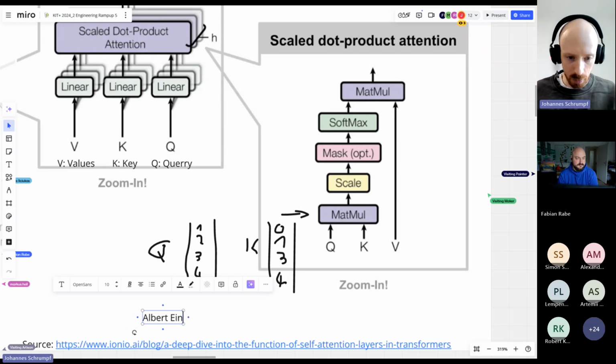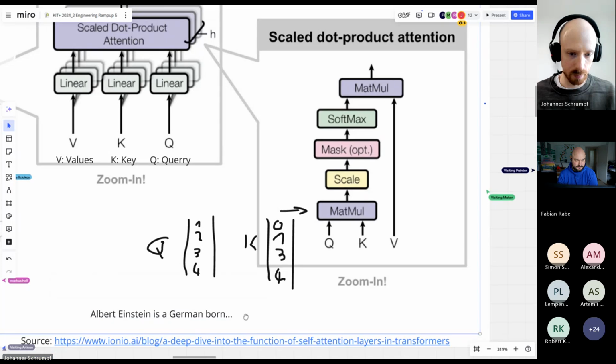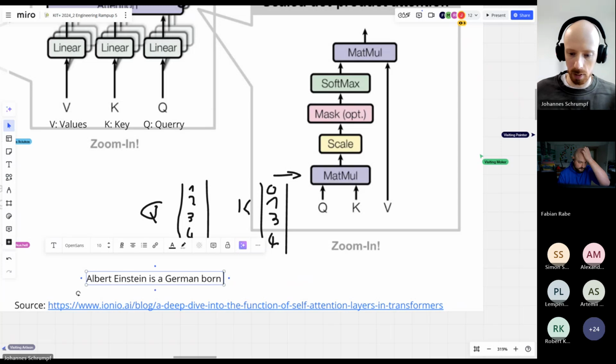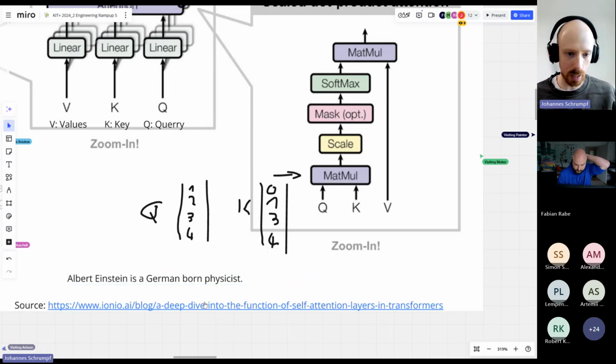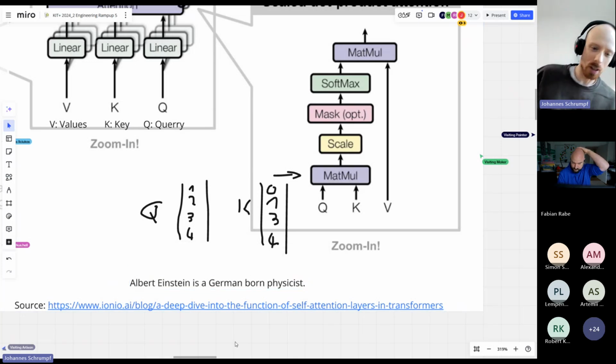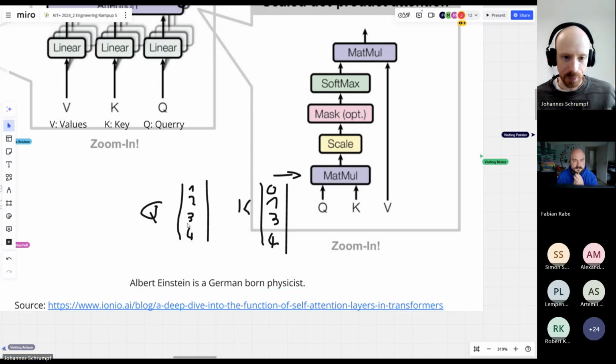Let me give you an example. Let's say this is our input sentence that came in many steps before.